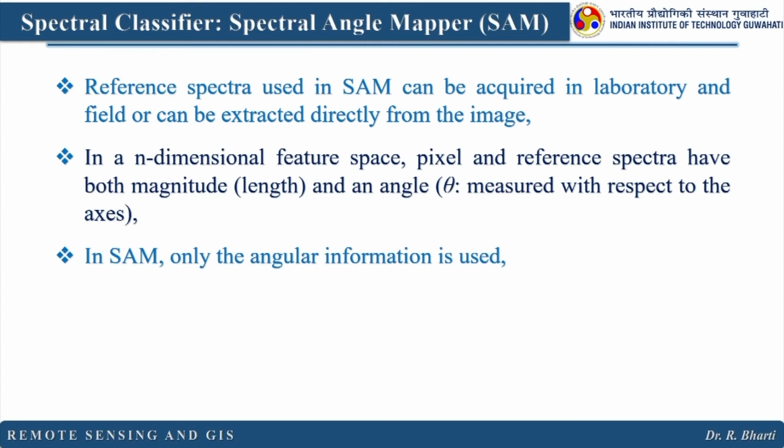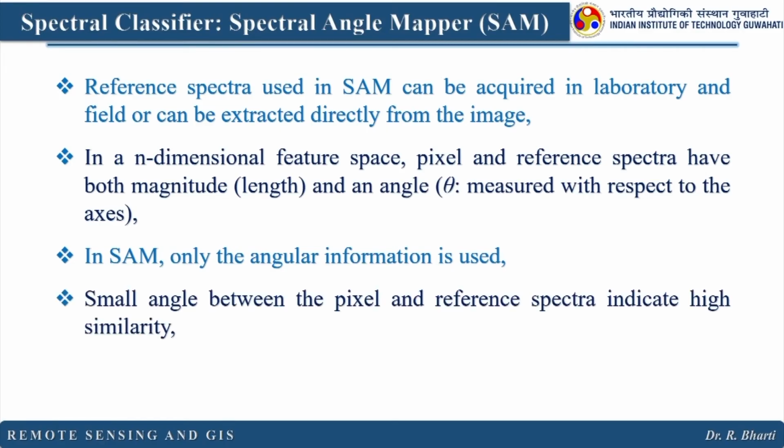We just have to identify what the theta is between the reference and the target. Target is basically your image end members which we want to classify. So when we talk about the target spectra, we are talking about the pixel, because we are going to assign a class to those pixels which have been identified for this classification.